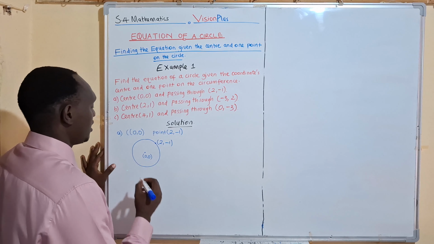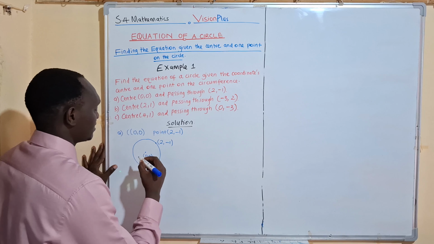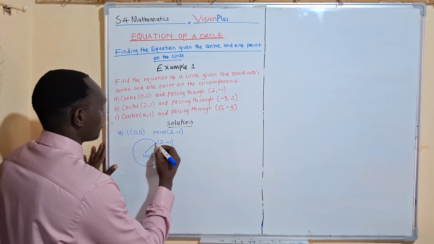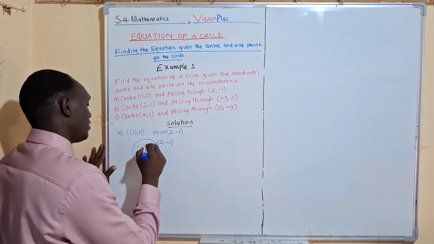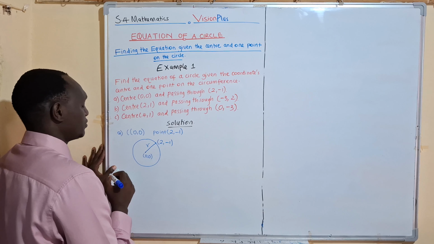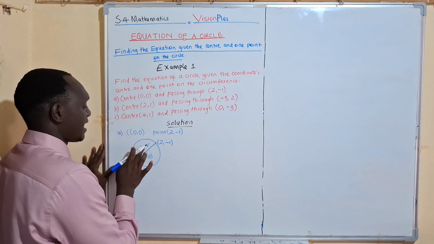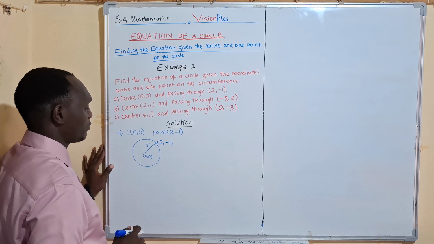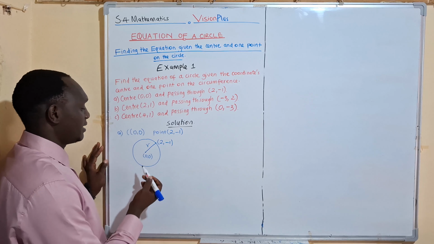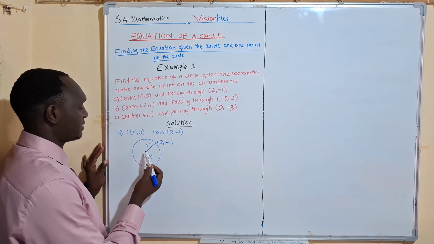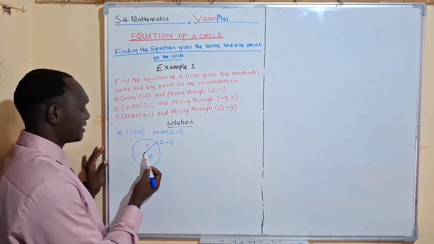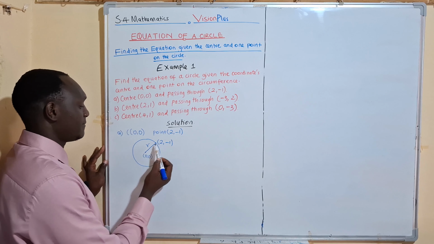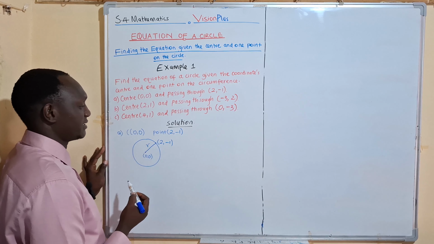That means we know that the distance from the center of the circle to any point on the circumference is what we are calling the radius. So we are going to find the radius r, and then we use the coordinates of the center to find the equation. Now, the radius r is the distance between 2 points, that is, the center and the point on the circumference.